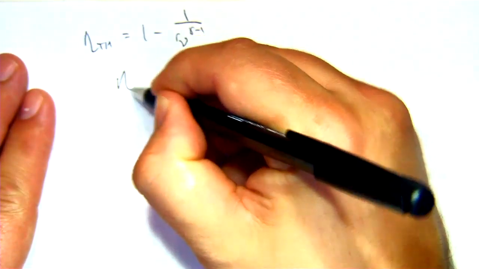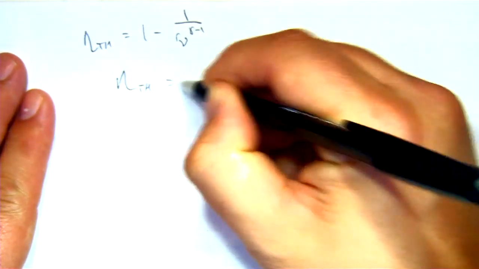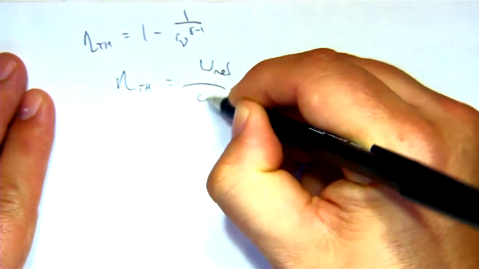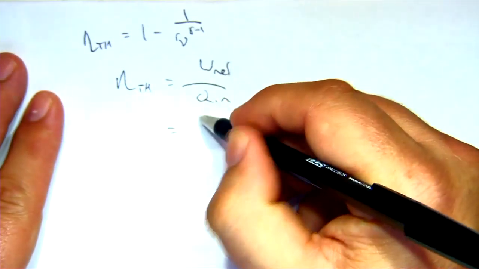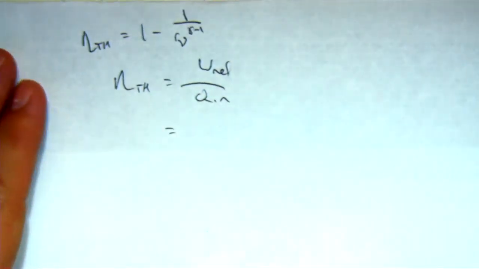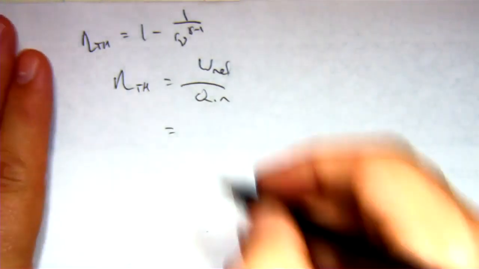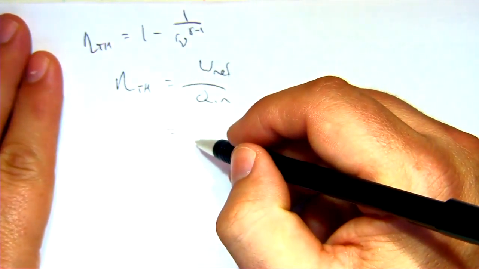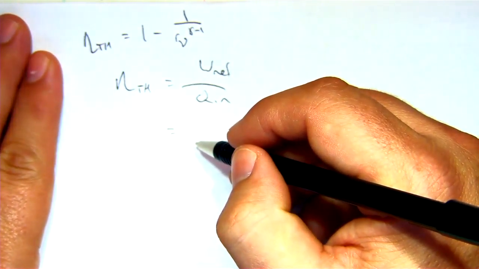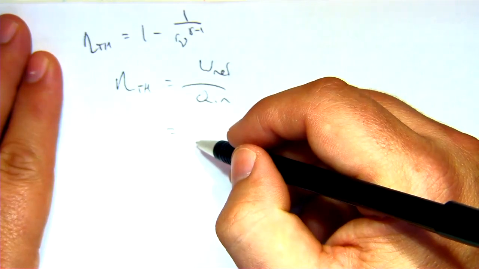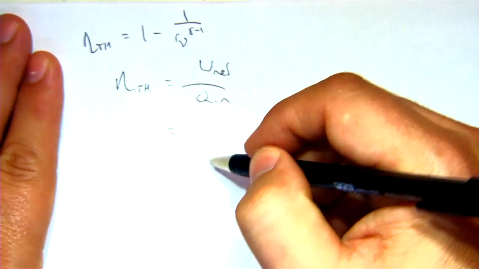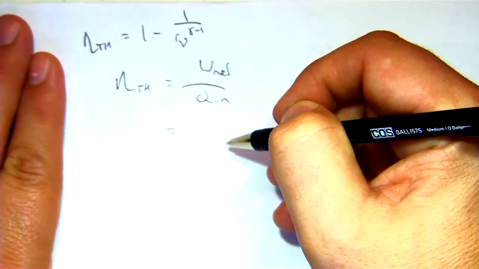We'll get there in a very similar way, which is to say that the thermal efficiency is net work over Q in, and this can be written as either work in minus work out, or Q in minus Q out. Because I've got nice processes for the heat transfer, which is to say constant volume processes, it's actually easier for me to solve this problem with Q in minus Q out, with a delta Q for net work.